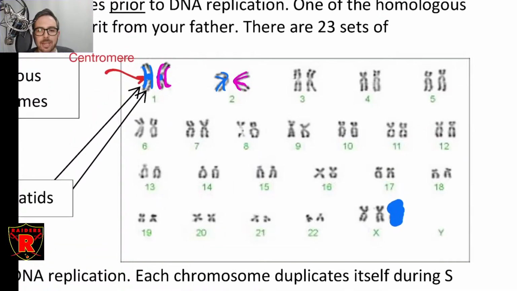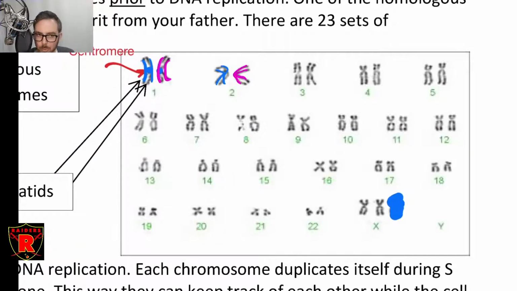We don't say that there are 92 chromosomes, though. This is always confusing for students as well. There's still 46 chromosomes here, and that's because when you say that something is a chromosome, you're saying that it is unique genetic information. 46 unique strips.